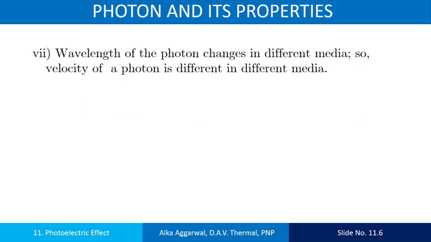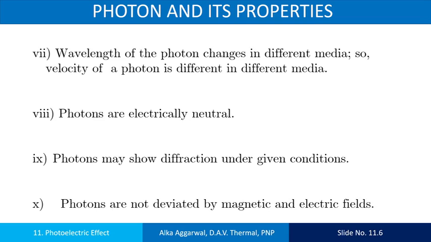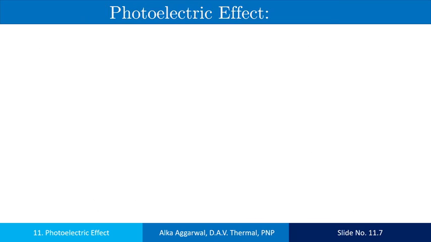But the wavelength of the photon is different in different media, so the velocity of the photon is also different in different media. Photons are electrically neutral. They undergo the phenomenon of diffraction. As they are electrically neutral, they are not deviated by electric and magnetic fields. So these are some of the properties of the photons.